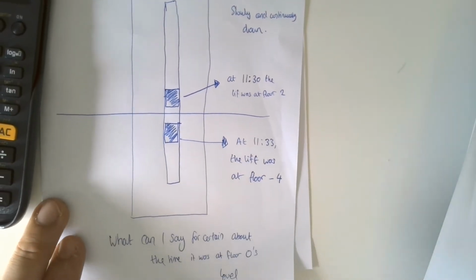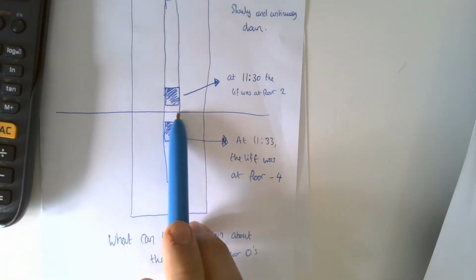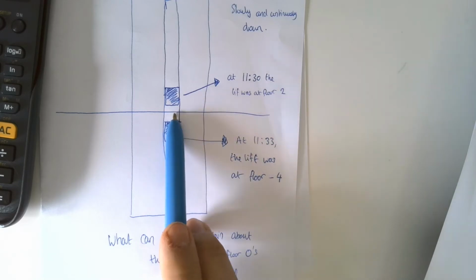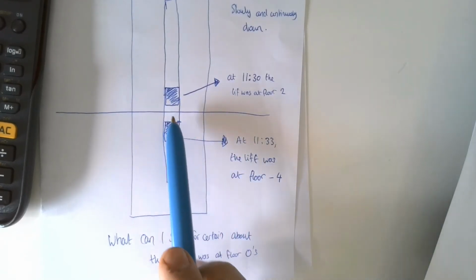Now there's all sorts of things we could work out about that if we wanted to, but the only thing I can say for certain is it was at floor 0 at some point. I don't know how briefly it was at floor 0 at some point between 11:30 and 11:33.